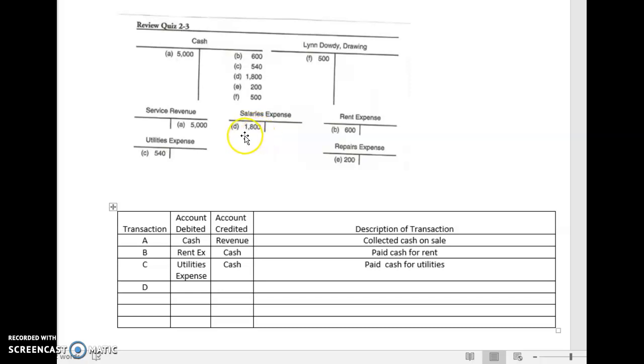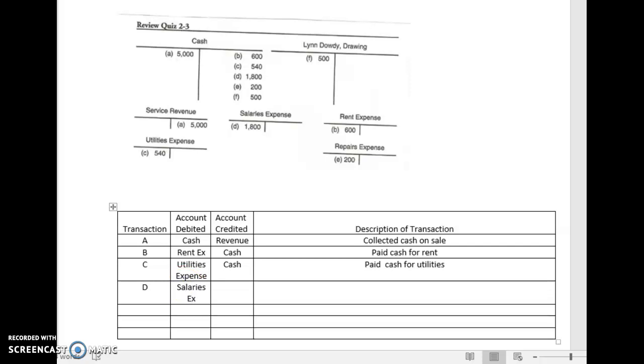So I have incurred an expense for salaries. So let's put this in here. I debited salaries expense, and I've credited cash. So, going along with what rent and utilities was, I have paid salaries, and I paid cash for salaries because I see it's coming out of cash. So, our transaction will be paid cash for salaries.